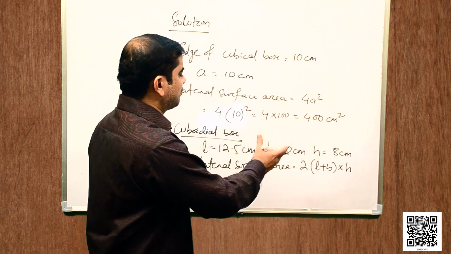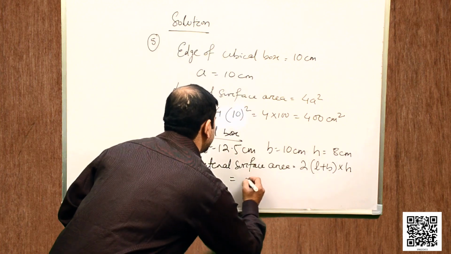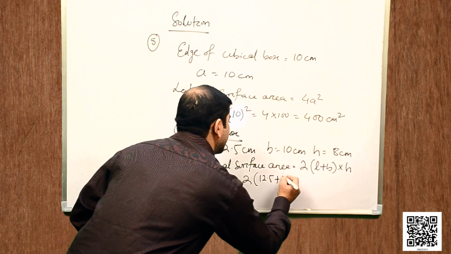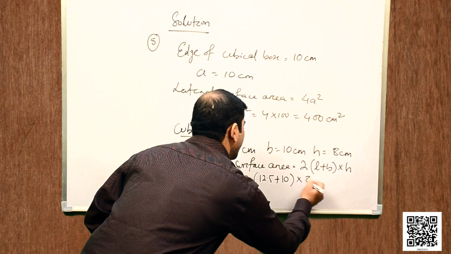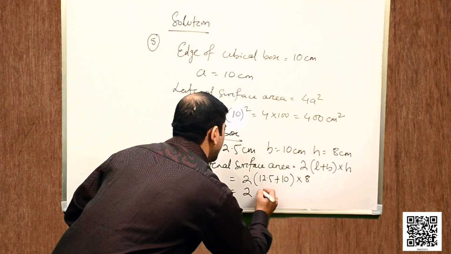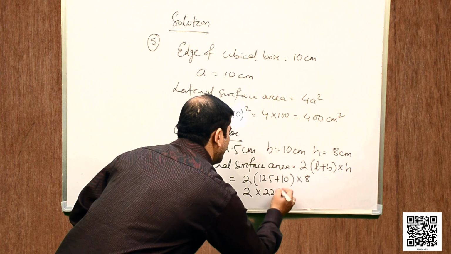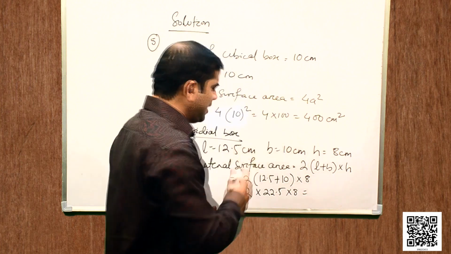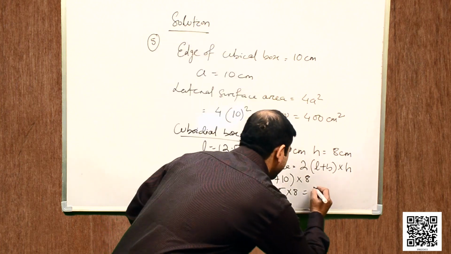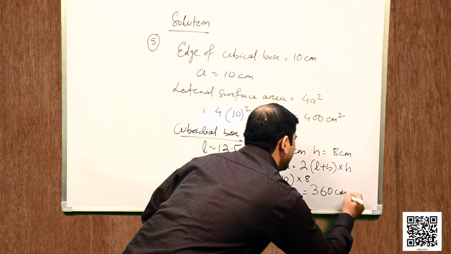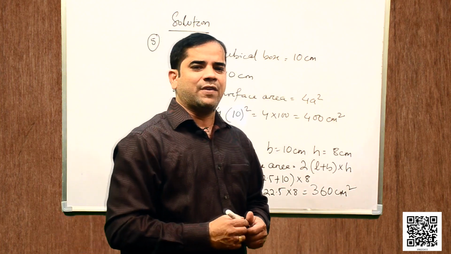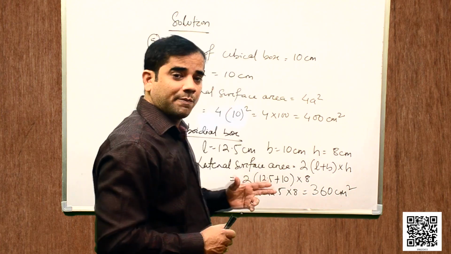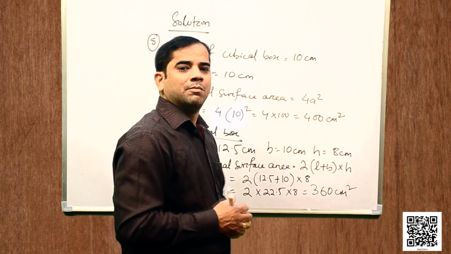Fine. So let us now substitute the values to find out the lateral surface area. So 2 into 12.5 plus 10 into 8. So it becomes 2 into 22.5 into 8. When we calculate, we get 360 centimeter square. So in this way, we have found out the lateral surface area of the cubical box as well as the cuboidal box.